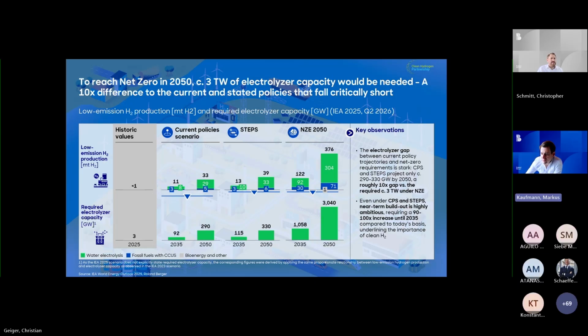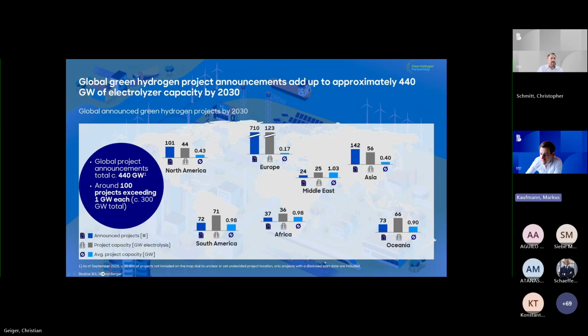On the next slide, we want to dive a little deeper into what that clear ambition and clear goal to stay within the net zero targets around the world has triggered, which is really, in this decade, an unprecedented development of a global, very big and very diverse landscape of electrolyzer projects, of green hydrogen projects.